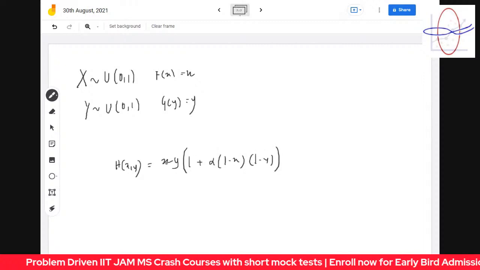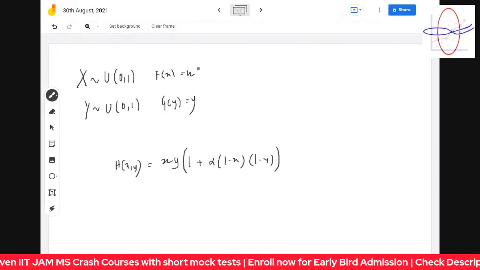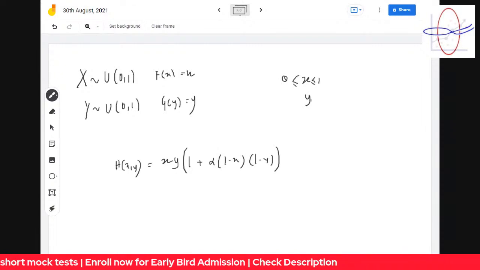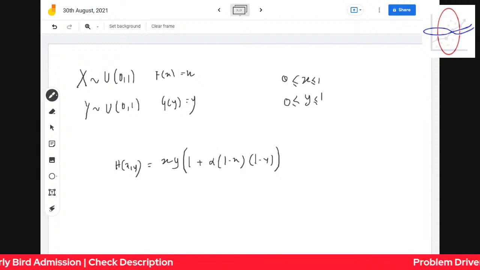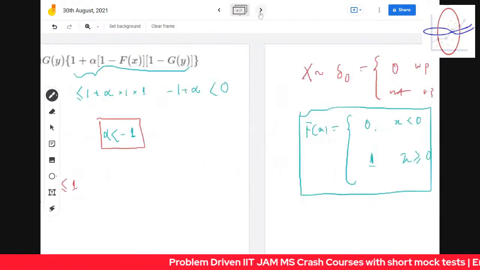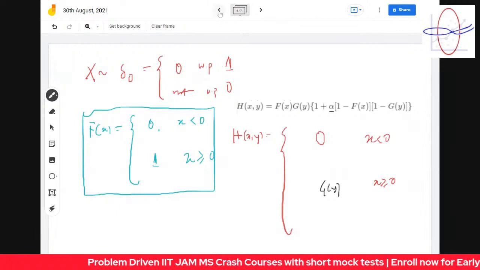So let's try to understand this function. Here x is less than or equal to 1 and greater than or equal to 0. Similarly, y is less than or equal to 1 and greater than or equal to 0. We are trying to understand this function to be very specific. So how to understand this function?